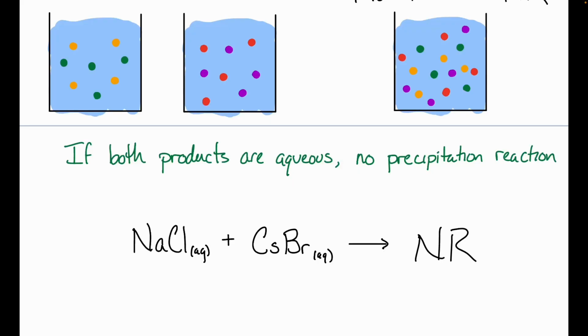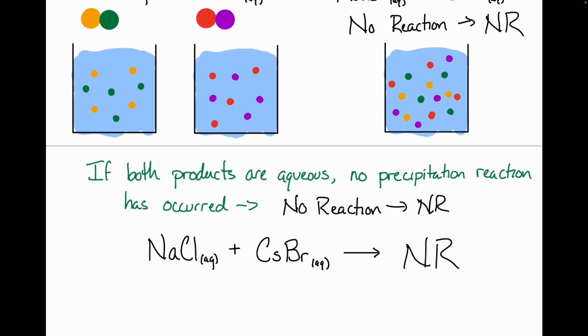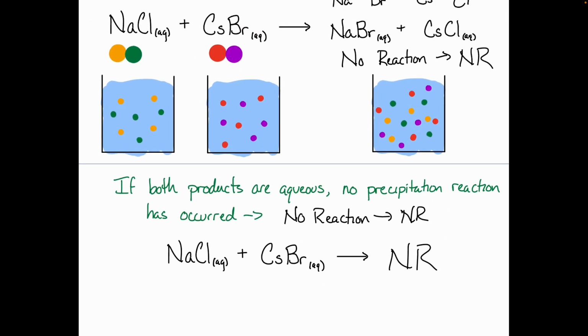All right, so no reaction. We would write NR. All you've done is take two solutions and mix them together. You haven't actually created any new product. You haven't formed any new chemical bonds because no solid has been produced in that reaction.